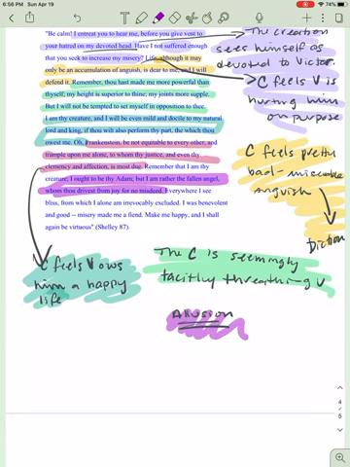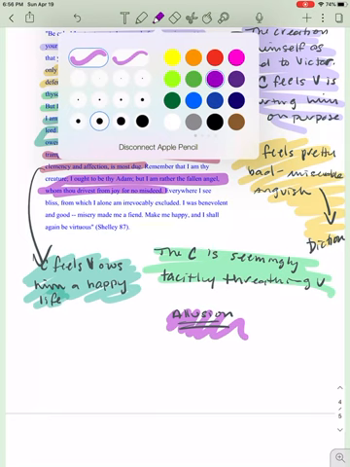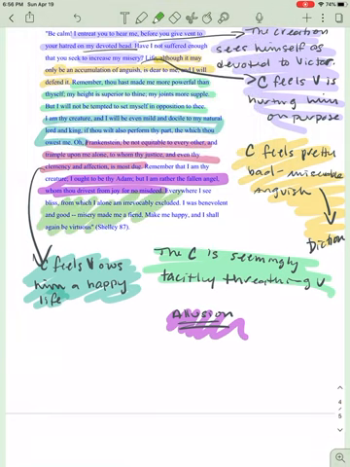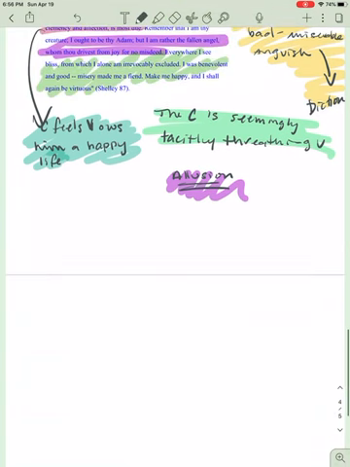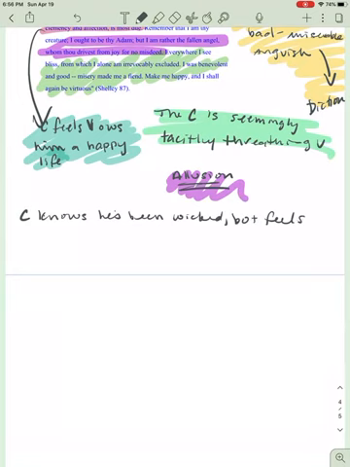Misery made me a fiend. Make me happy and I shall be virtuous. Okay, so here, the creation knows he's been wicked, but feels he was forced into it.